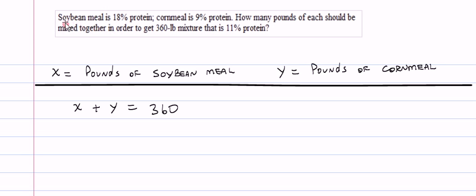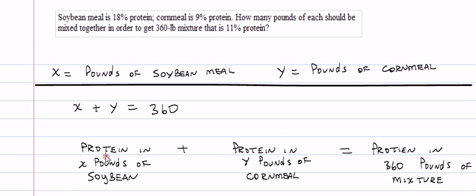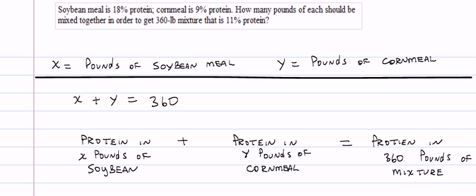The total mixture is going to be 11% protein. Well, what we do know is that when you take the protein in X pounds of soybean plus the protein in Y pounds of cornmeal, we have to get the protein that's in the 360-pound mixture.